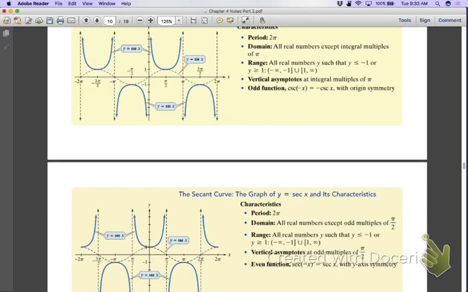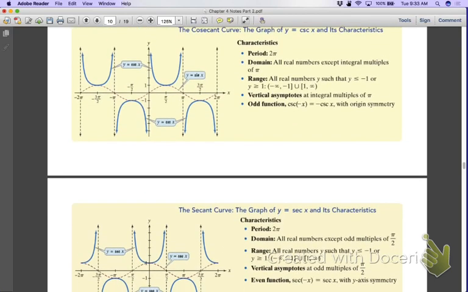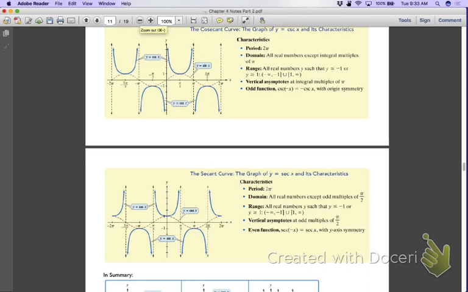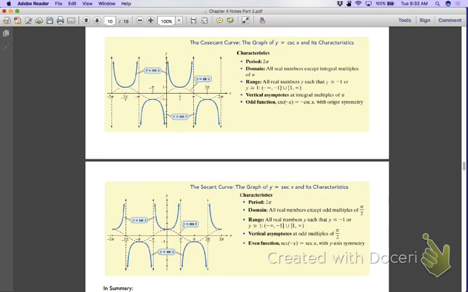Same way with cosecant and secant. Cosecant and secant are just like sine and cosine. If you see the dashed line, that's your sine curve. That is your cosine curve down with the secant curve.